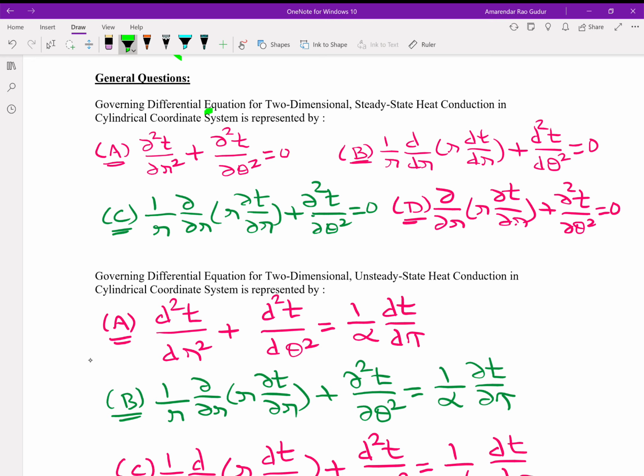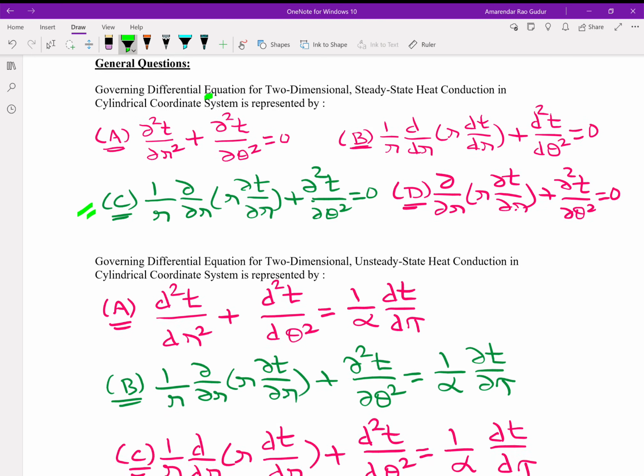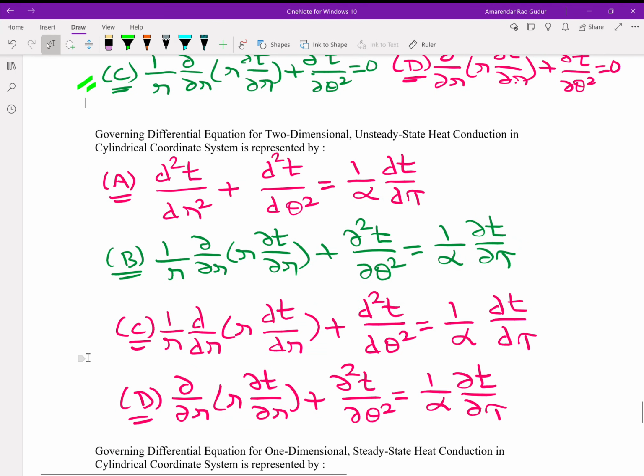Look at C, 1 by R del by del R del T by del R plus del square T by del theta square is equal to 0. So this looks to be perfect. And option D, del by del R del T by del R plus del square T by del theta square is equal to 0. It looks to be okay, but 1 by R is missing. Therefore, D is erroneous.